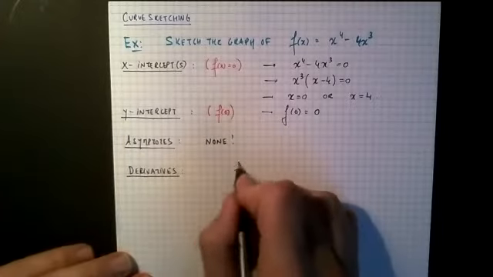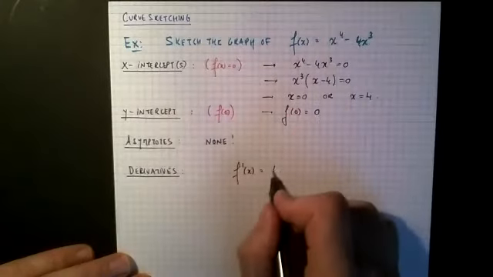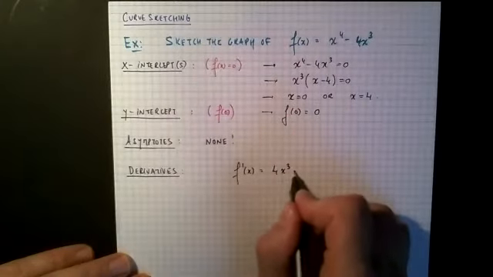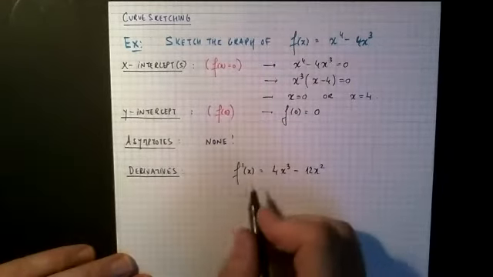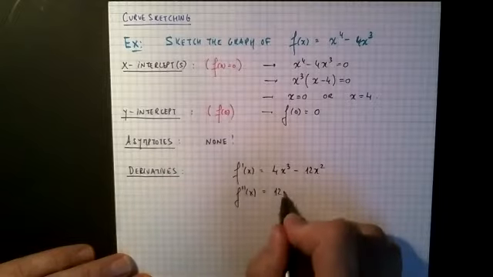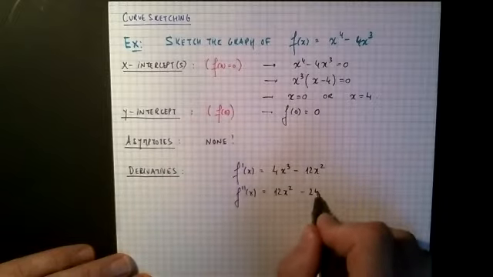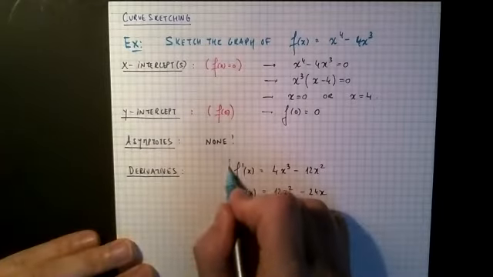So my first derivative, f prime of x, is 4x cubed minus 12x squared, and my second derivative, f double prime of x, is 12x squared minus 24x. These are important, so I'm going to put a box around them because I'm going to use them a lot.